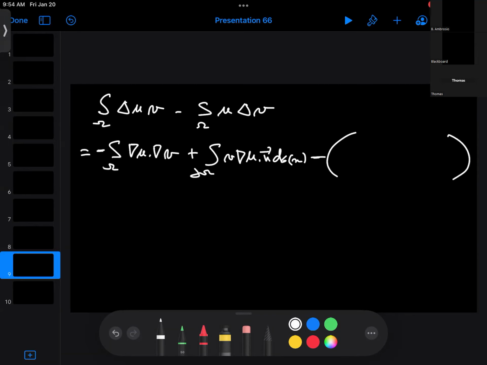Minus, I do the same thing. This is symmetric, so I get minus the integral over omega of grad u grad v dx, plus this time the integral over the boundary of u times the normal derivative of v. Okay, so this cancels.